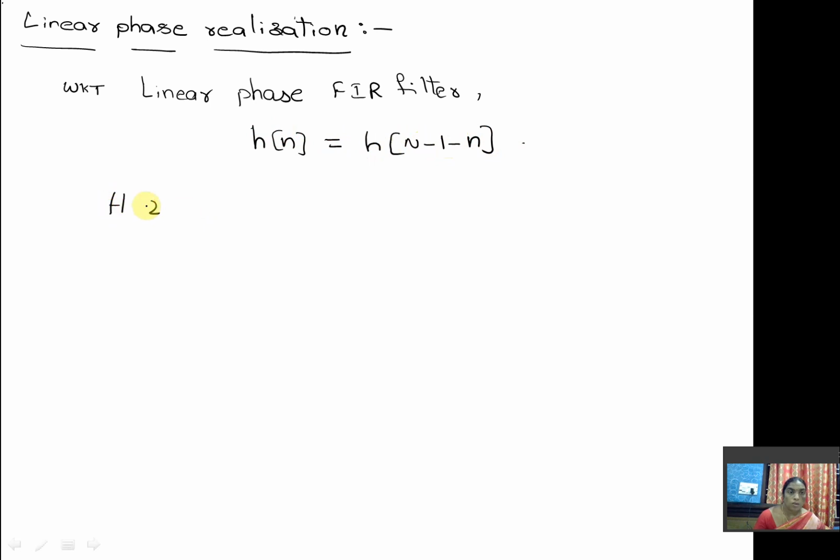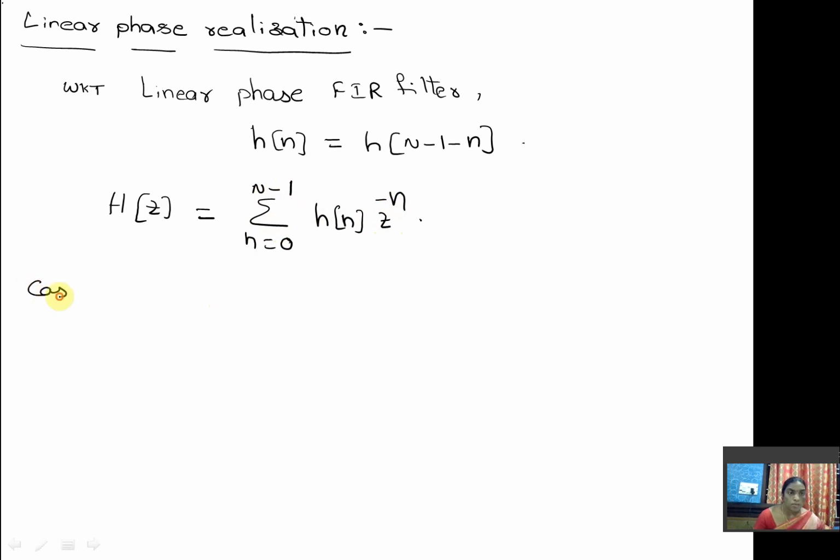And we know that for an FIR filter, the transfer function is H of z equals summation n equals 0 to N minus 1 of h of n z power minus n.